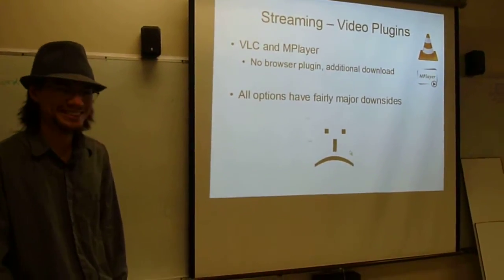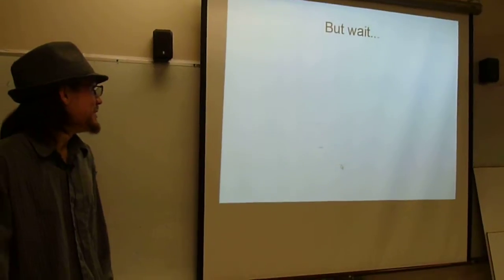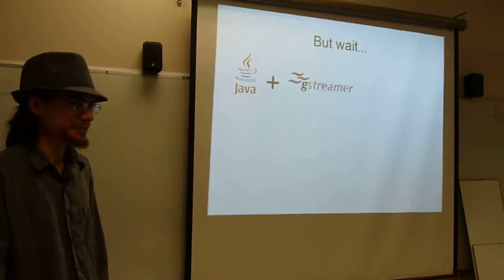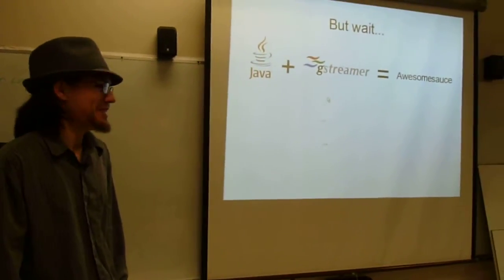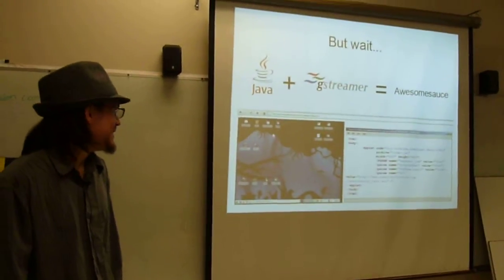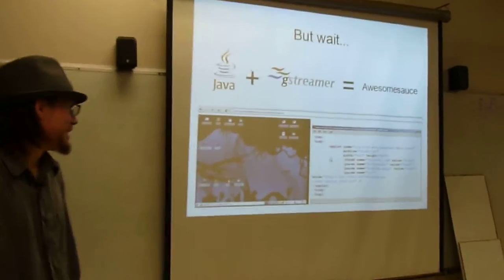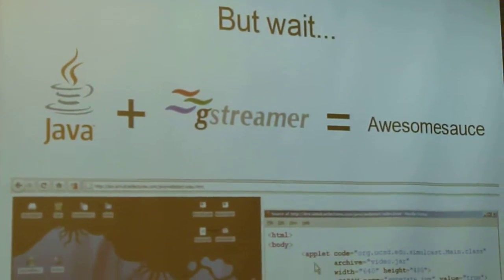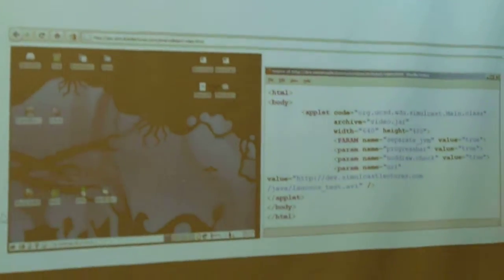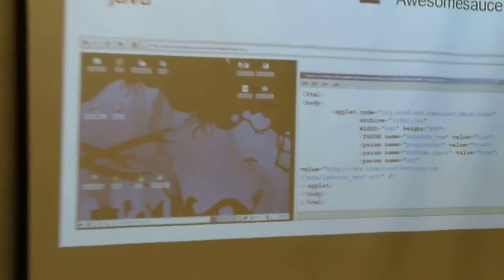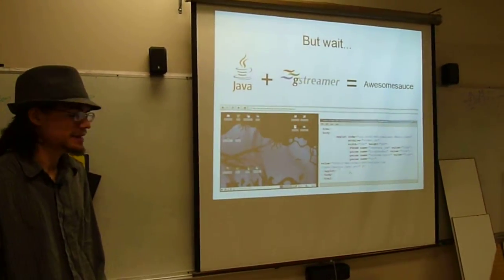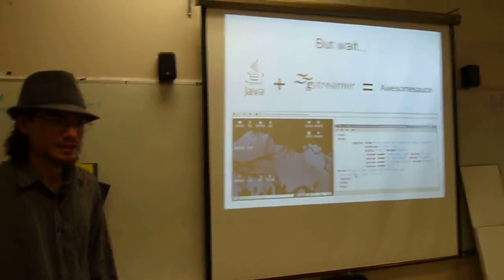So sad face. But wait, what if you could combine the power of Java with the power of GStreamer? Well, that would be awesome sauce. And there's actually something that exists called GStreamer Java. I created a proof of concept applet that displays video in a web page, and you just pass it the URI to whatever video you want to play, and it'll play almost anything.